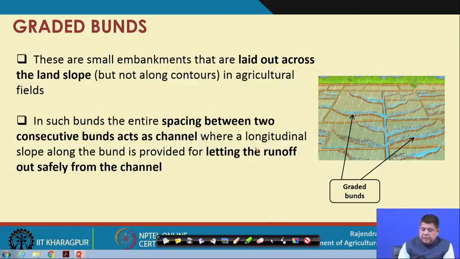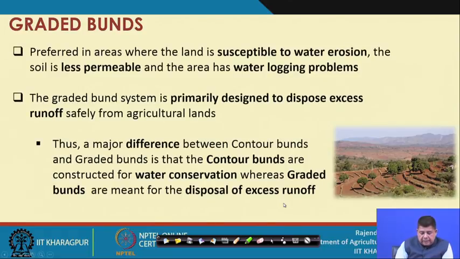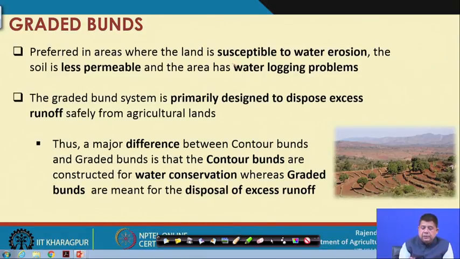So, that is where the longitudinal slope along the bund comes into the picture, and obviously the entire channel is used for letting the runoff out safely, that is the purpose. These are preferred in areas where land is susceptible to water erosion, soil is less permeable, and the area has water logging problems.